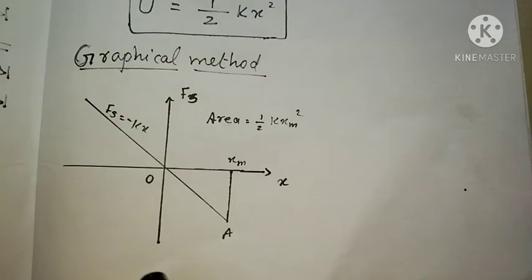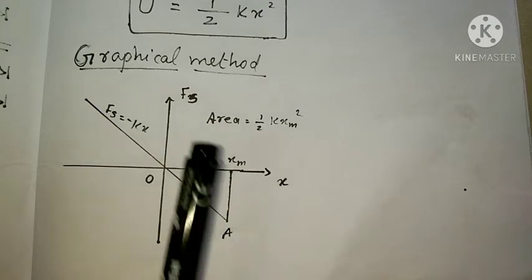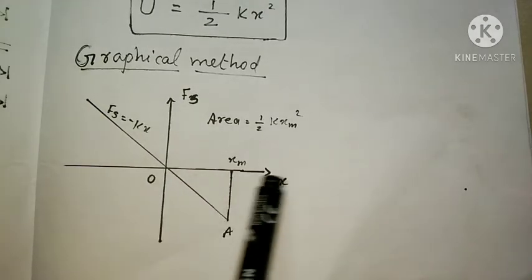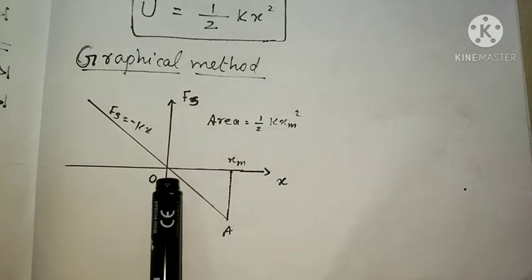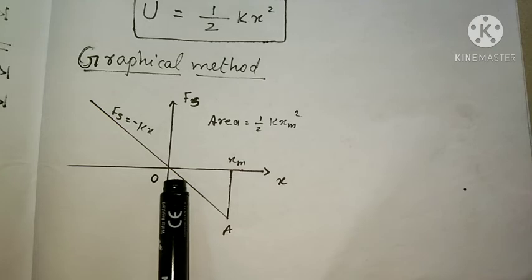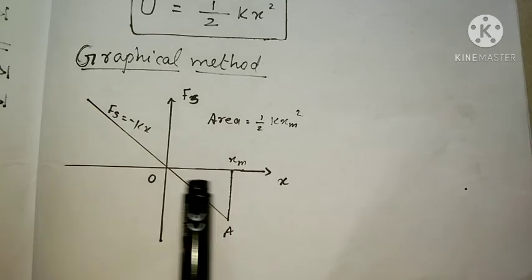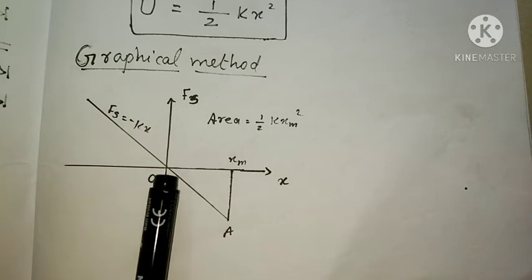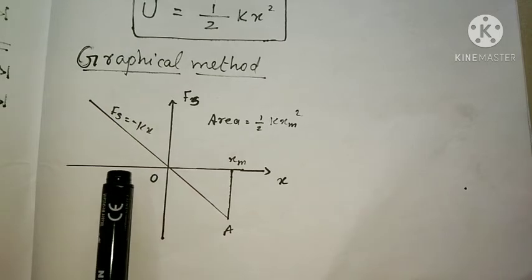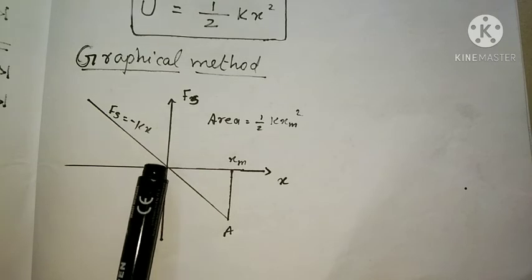Graphically, we can also find the potential energy of the spring. This is the force displacement curve. Here it represents that from the equilibrium position, the spring stretches to a maximum distance xm for the force Fs, and the spring also moves through a distance minus xm for a force Fs.